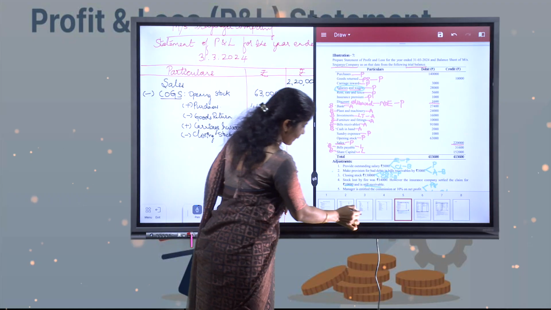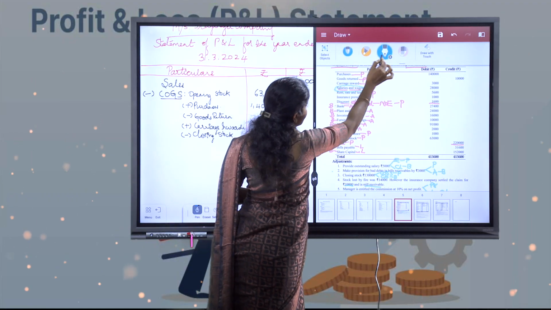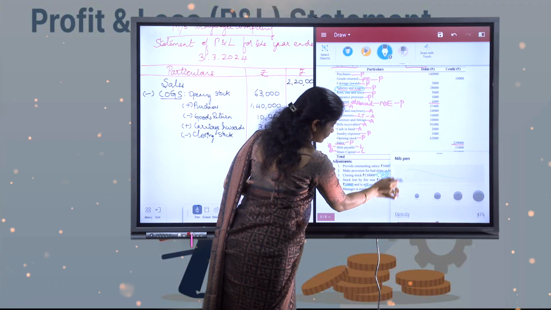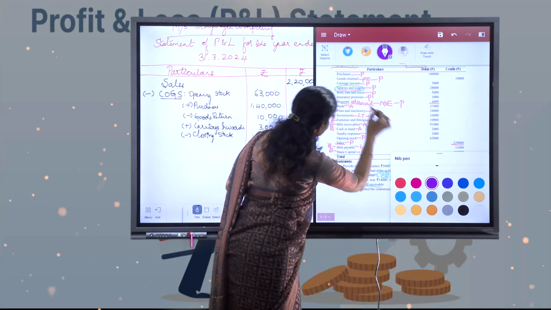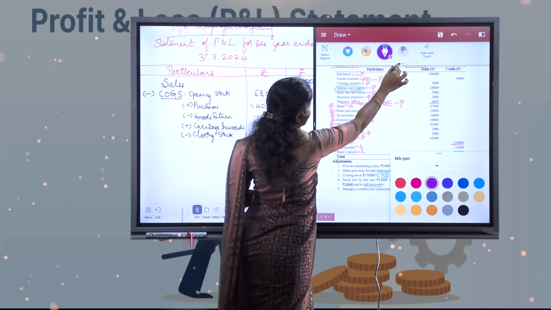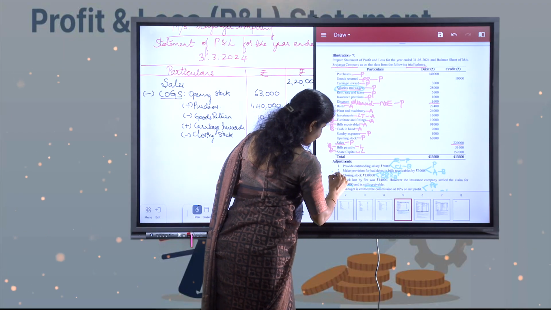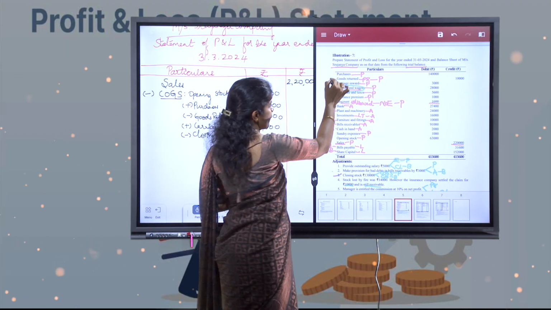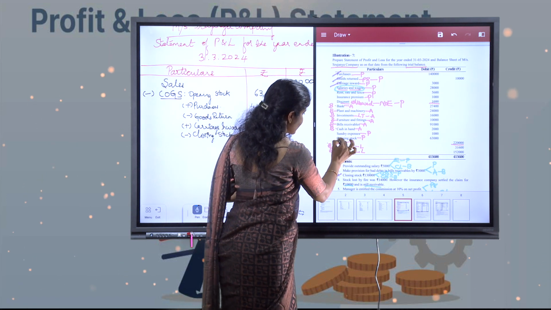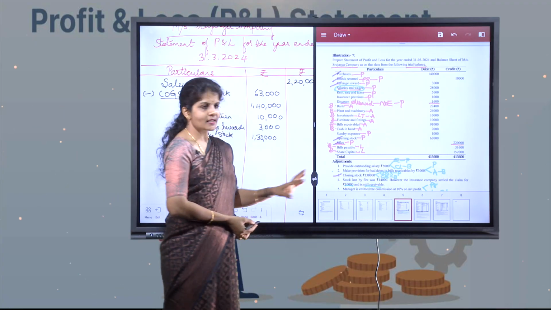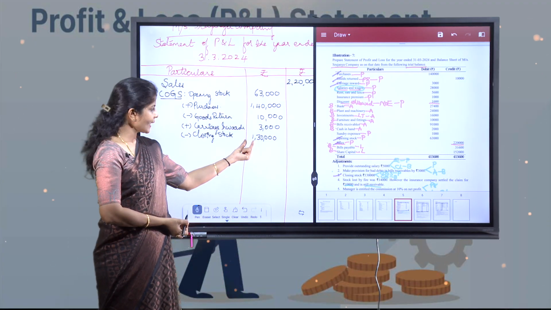Let me mark the items we have taken: cost of goods sold, purchases, goods return, carriage, opening stock, sales. These are the items we have considered already, correct? So this closing stock also we have taken, 1,30,000.